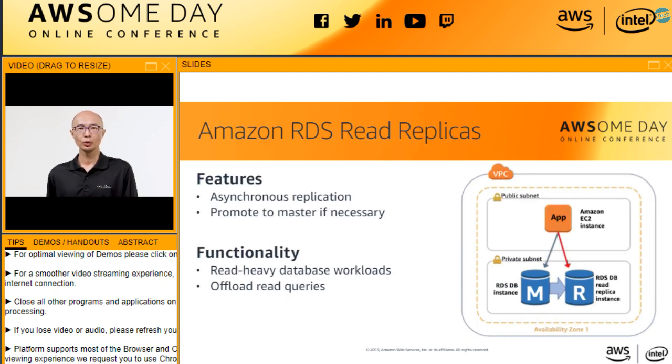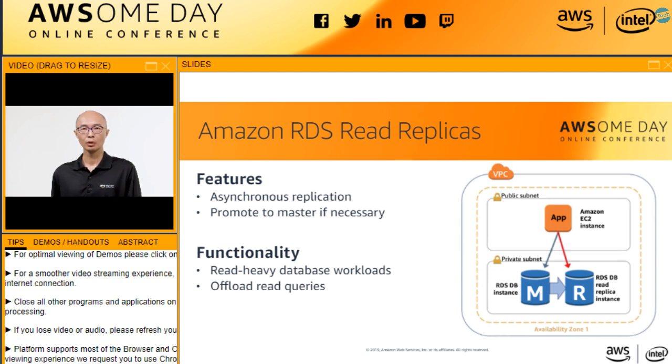Amazon RDS also supports the creation of read replicas for MySQL, MariaDB, PostgreSQL, and Amazon Aurora. Updates made to the source database instance are asynchronously copied to the read replica instance. You can reduce the load on your source database instance by routing read queries from applications to the read replica.